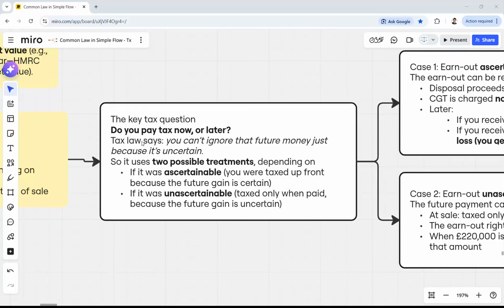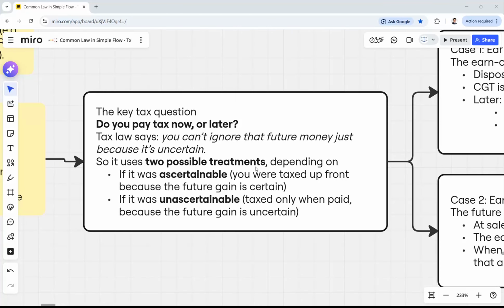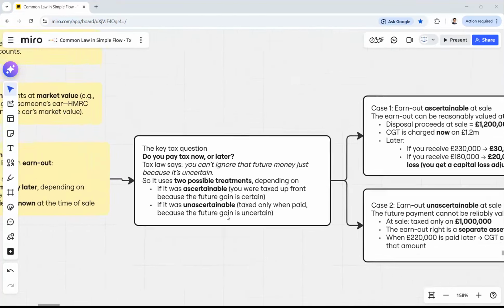This depends. The tax law says you can't ignore that future money just because it's uncertain. So it uses two possible treatments depending on if it was ascertainable. If ascertainable, you are taxed upfront because the future gain is certain, and if unascertainable, you are taxed only when paid, because the future gain is uncertain.